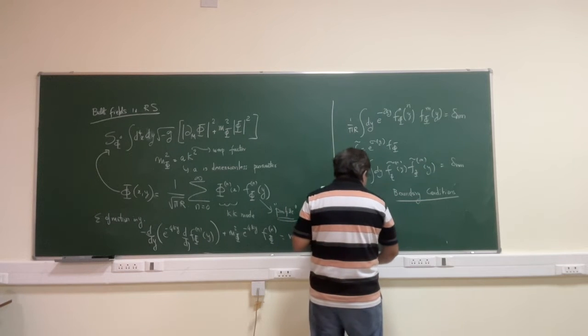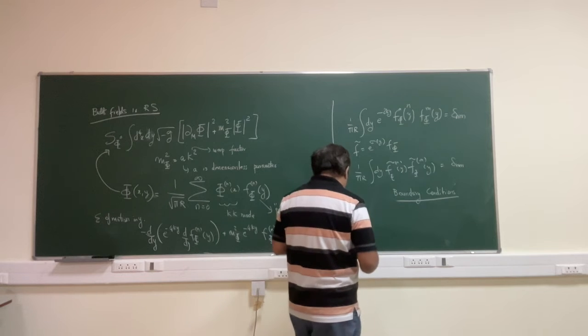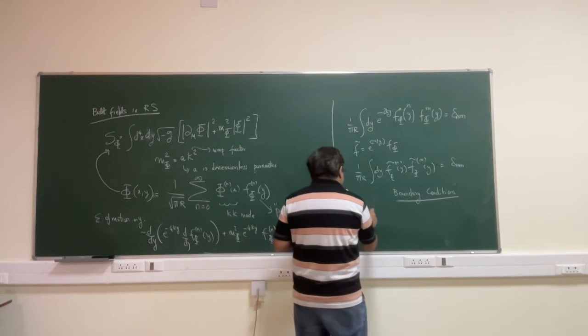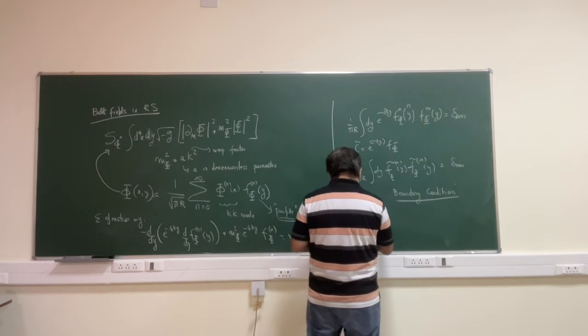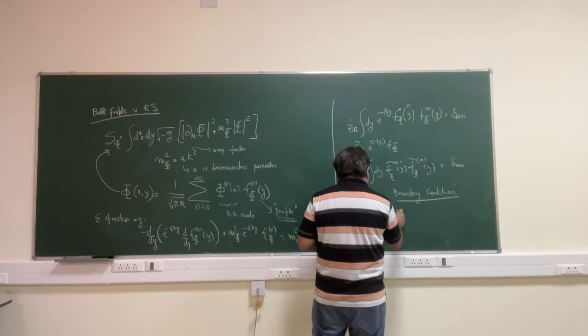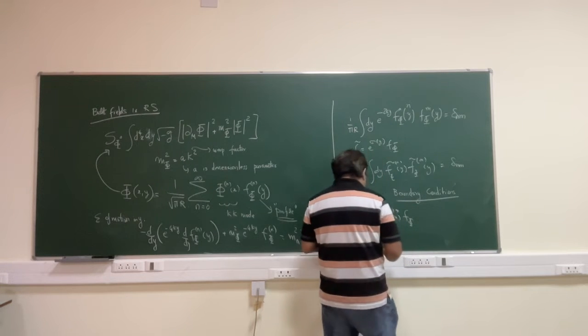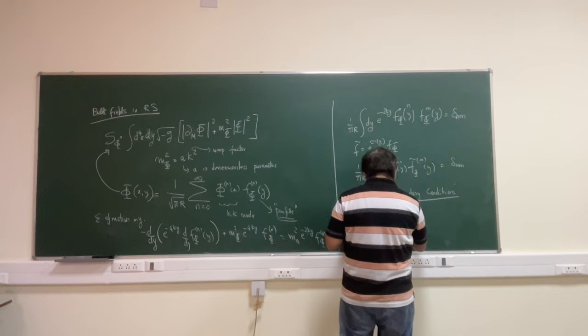Now you will see the problems with this choice essentially. At the boundaries, you'll have this kind of terms, right? For example, phi_n of x star f phi_n of y.